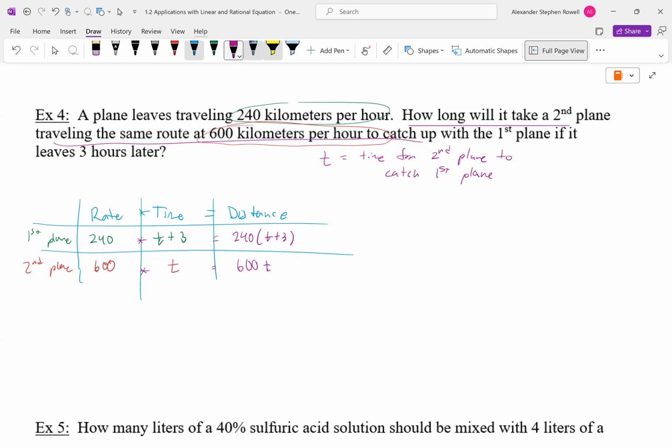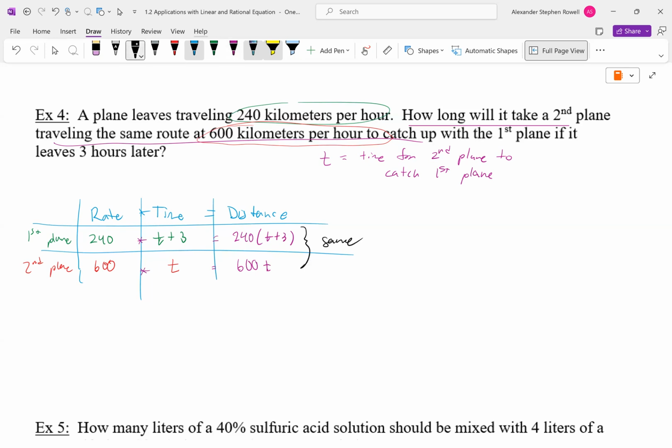Distance traveled by the second plane. From our amazing diagram, how do these distances relate to each other? They travel the same distance, right? Same path. Set them equal to each other. And that's the hard part. How do these relate together? They either add to make a total, you subtract them, or set them equal to each other. In this case, you're absolutely right.